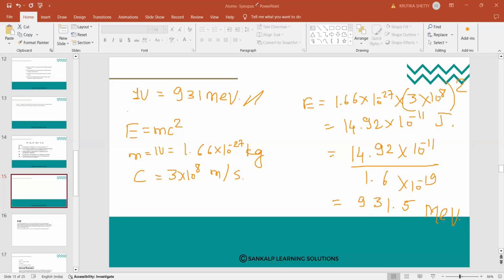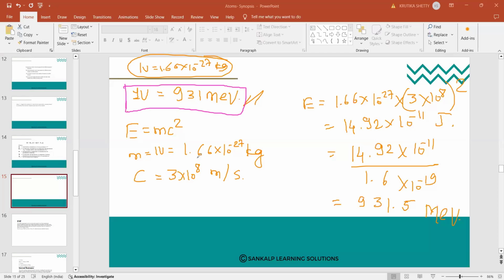Yes, copy down this. Previously we proved 1 U is equal to 1.66 into 10 raised to minus 27 kg. Here we are proving that 1 U is equal to 931 or 932 mega electron volt. How are we doing this? By using Einstein's mass energy relation, E is equal to mc square.